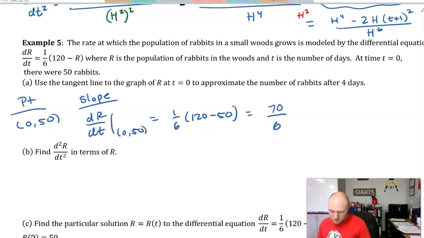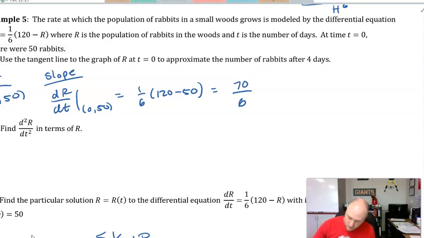So there's your slope. So in order to approximate this, our equation, our tangent line, y is equal to 70 over 6 times x minus 0. Minus makes this a plus 50.